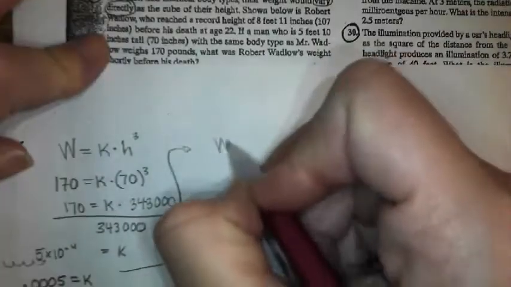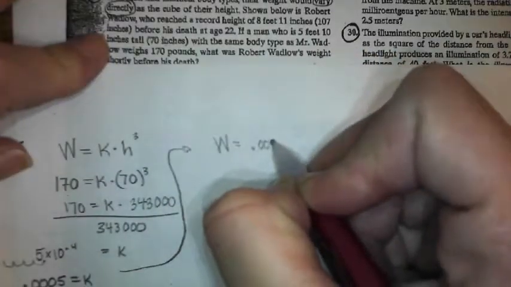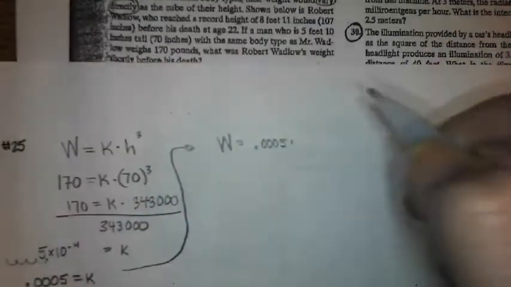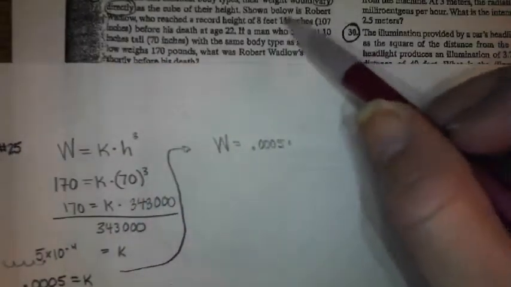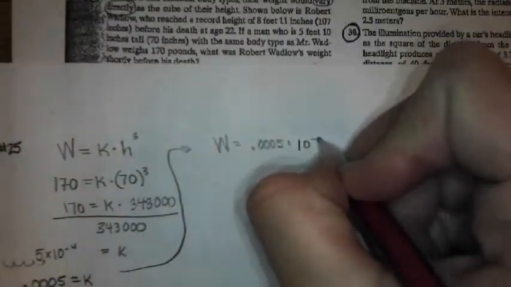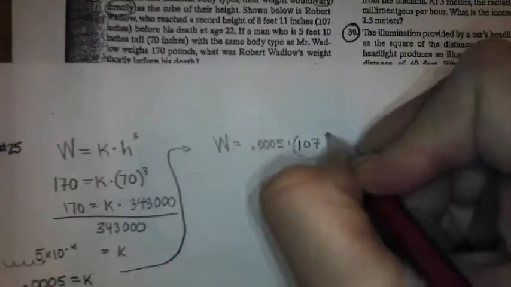So going up here, now that I know k, his weight is going to equal our k value times his height cubed, 107 inches cubed.